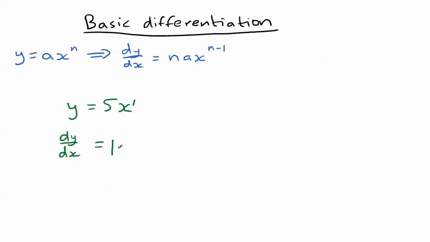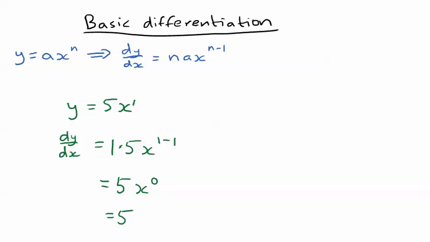So we've got 1 times 5, and we've got x to the power of 1 minus 1. So we're reducing the power by 1. And then we multiply this out. So 1 times 5 is just 5. x to the power of 1 minus 1 is x to the power of 0. And anything to the power of 0 equals 1. So this is just the same as 5.